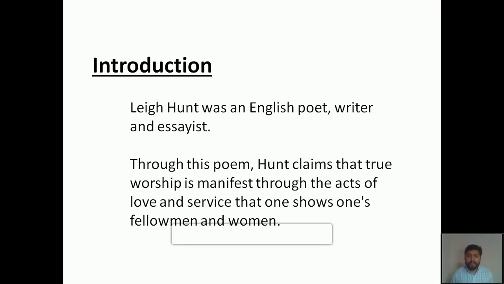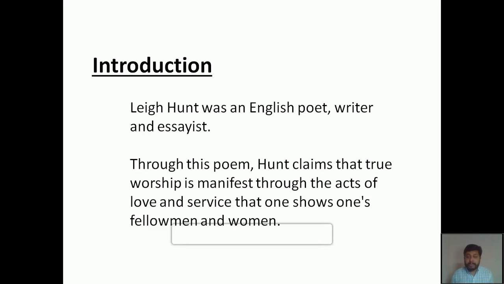So, this particular poem, Abou bin Adhem, is telling about what is meant by true worship. And the poem says that true worship is manifest through the acts of love and service. So love and service is the basis of true worship, and to whom we have to render our love and service?